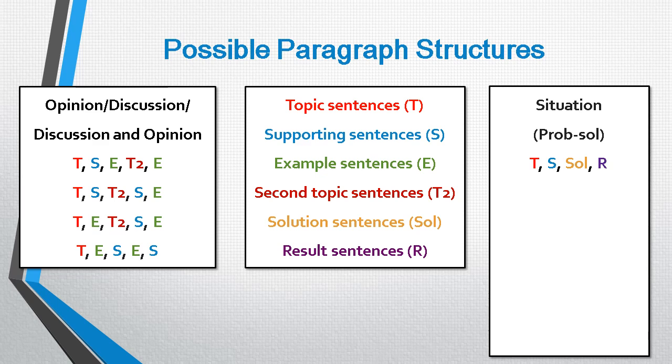That's my preferred way to answer those questions, and you could simply just do that twice, and then that would be your 2 main body paragraphs. You could have variations. You could have a topic sentence, supporting sentence, and an example before your solution and then result, or you could just have a topic sentence, an example sentence, then your solution, and then your result.